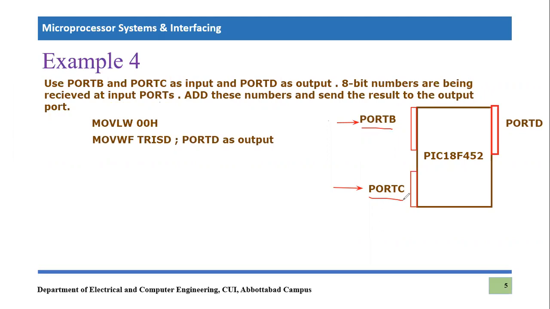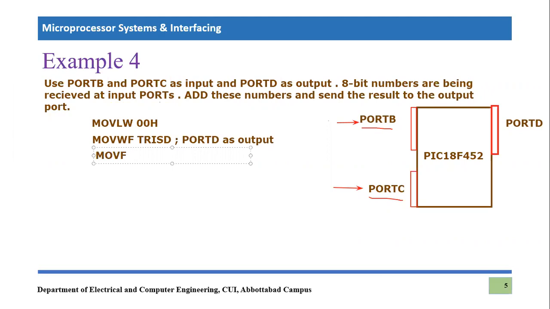So first of all, we will put one of the port results in the working register. How can you send a specific file location's information into the working register? We will be introducing a new command, which is MOVF, that means move file.